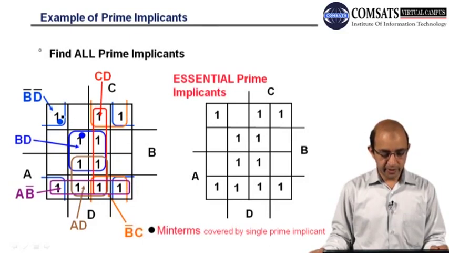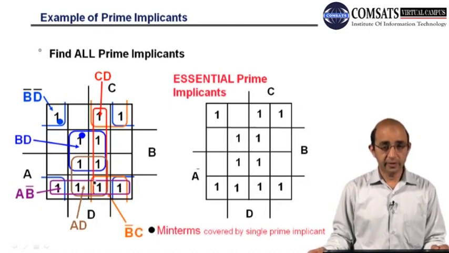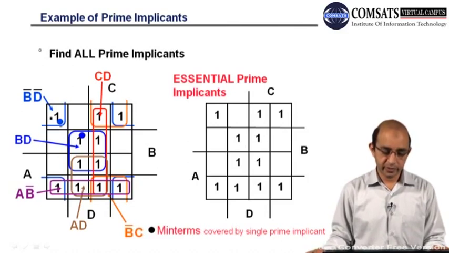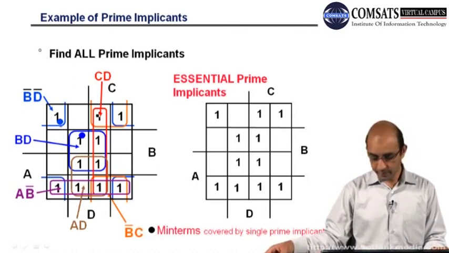But if you look, this one has been reutilized when we have this, and this one has also been utilized when we have this for one grouping, right? But this has not been utilized, so this is minimum cover. So we can declare this as an essential prime implicant, right?